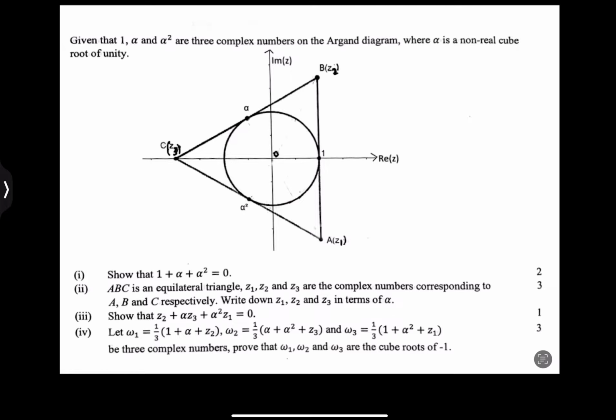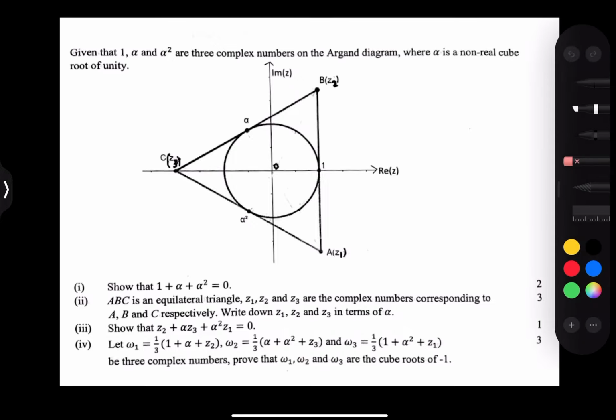With alpha on the drawing, if we join that point to the origin, we can see the angle made by alpha and the x-axis, that angle, and alpha square, which is also a root of unity of 1, this angle.